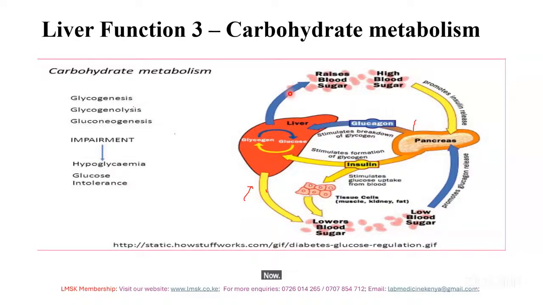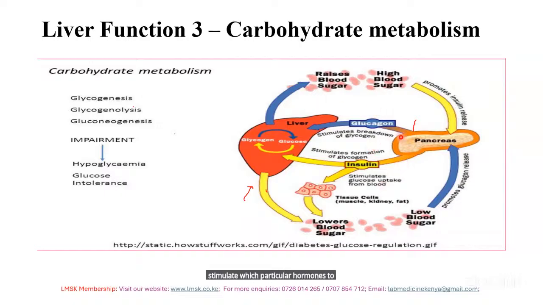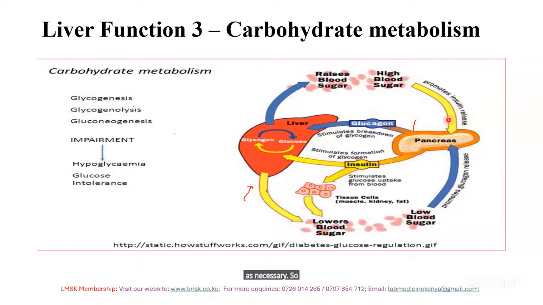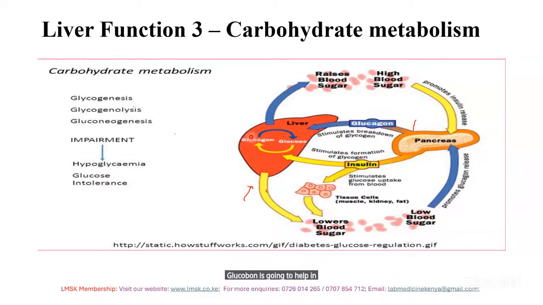Now, this is a negative feedback mechanism that exists so that when there is too much glucose, the feedback loops are activated to stimulate the particular hormones to correct the high blood sugar or the low blood sugar levels as necessary. So if we now have low blood sugar level, as I mentioned, there is little glucose here, glucagon is going to help in the conversion of glycogen back to glucose.